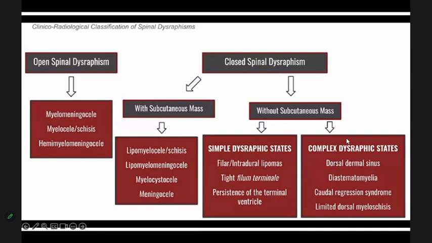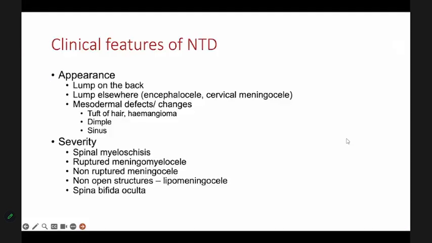So this is just the clinical classification of neural tube defects, stemming from the understanding of the pathophysiology, stemming from your basic embryology. Okay. Any questions up to that? Yeah, so let's move on.